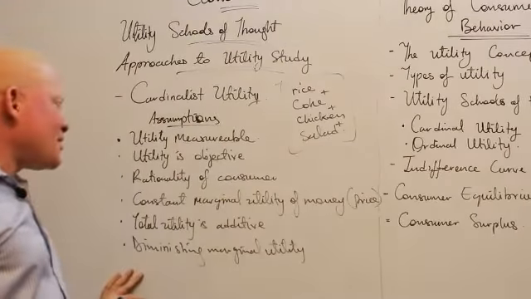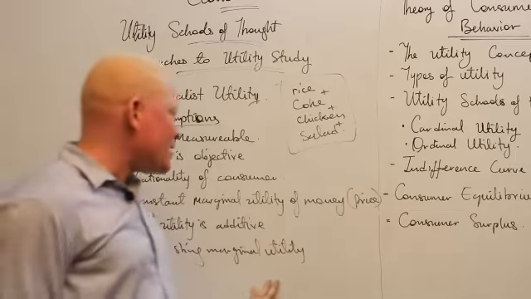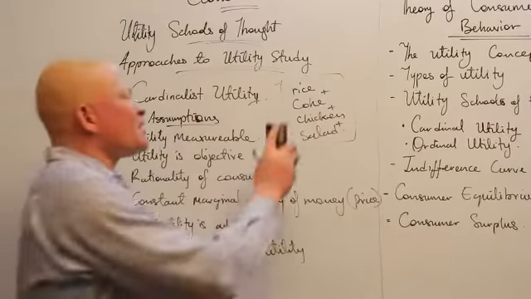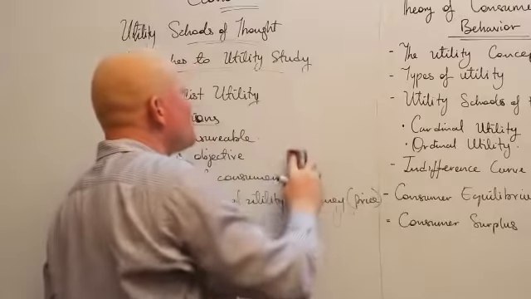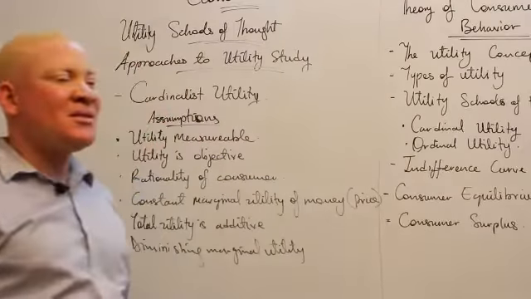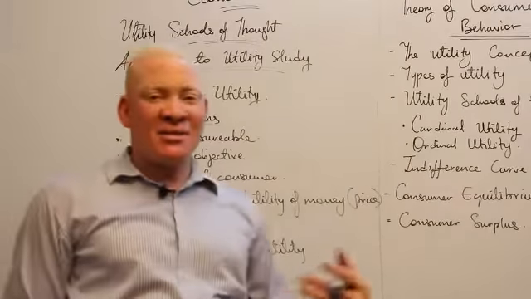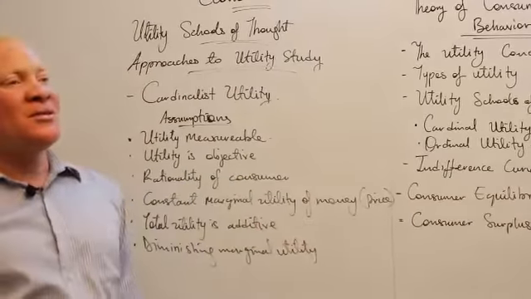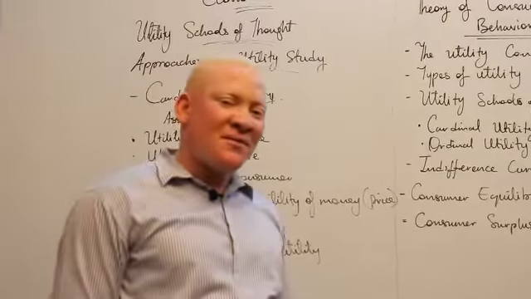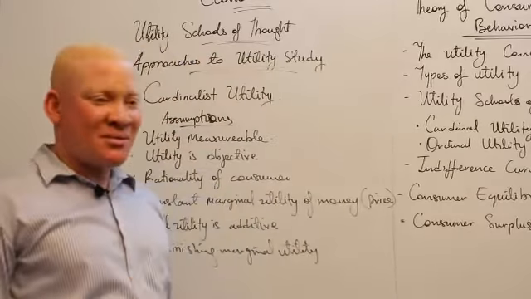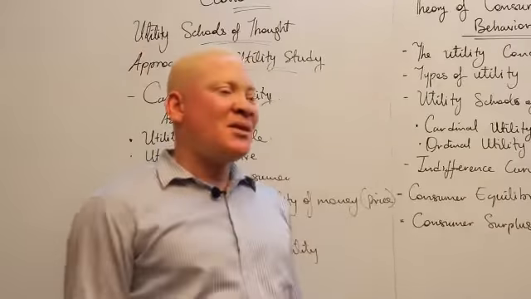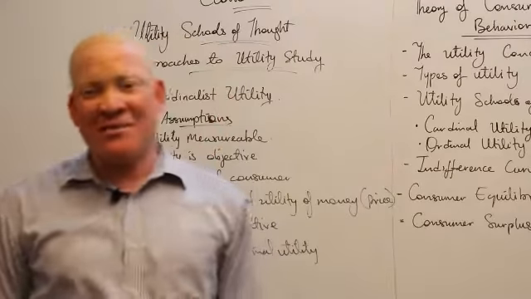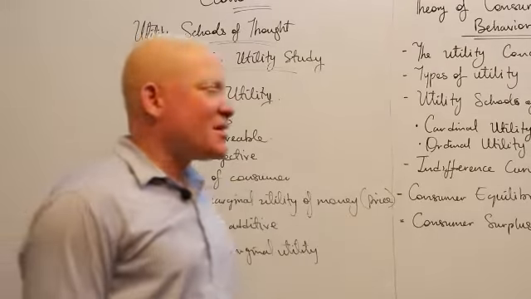Now, the last one is that there is diminishing marginal utility. What that means is that as you continue to consume a particular commodity successively, the level of satisfaction, or the number of utils you derive, continues to go down up to a point where either you become saturated, that means you no longer derive satisfaction from it, or you become dissatisfied from it.